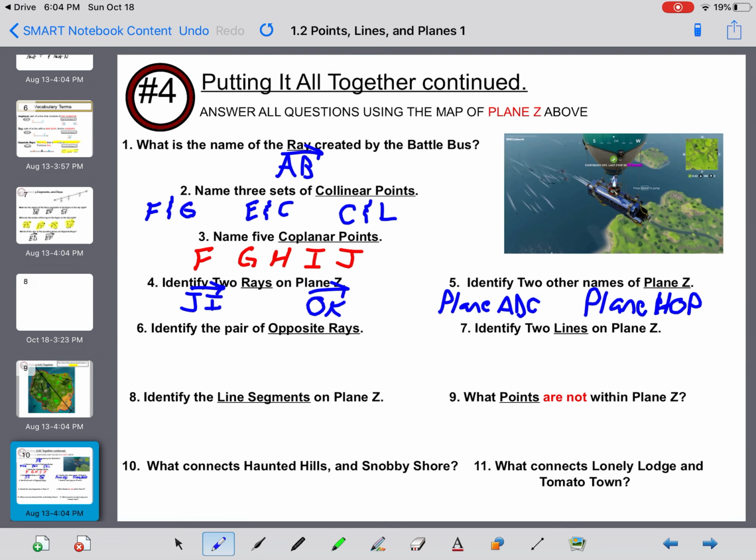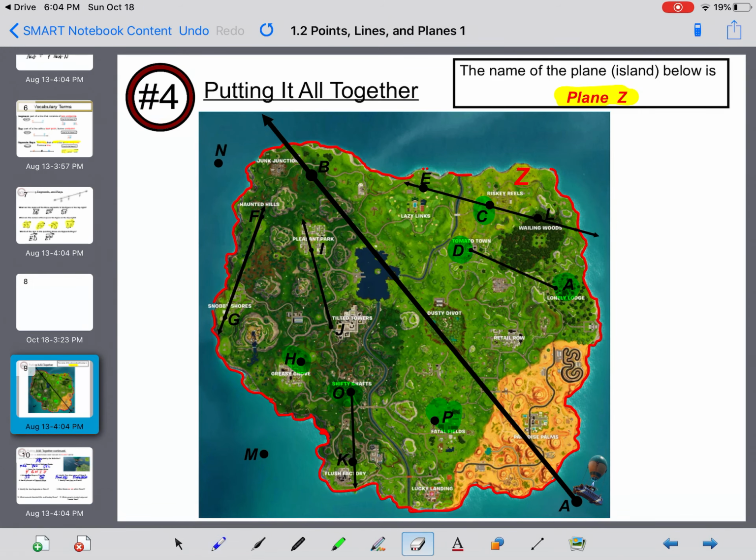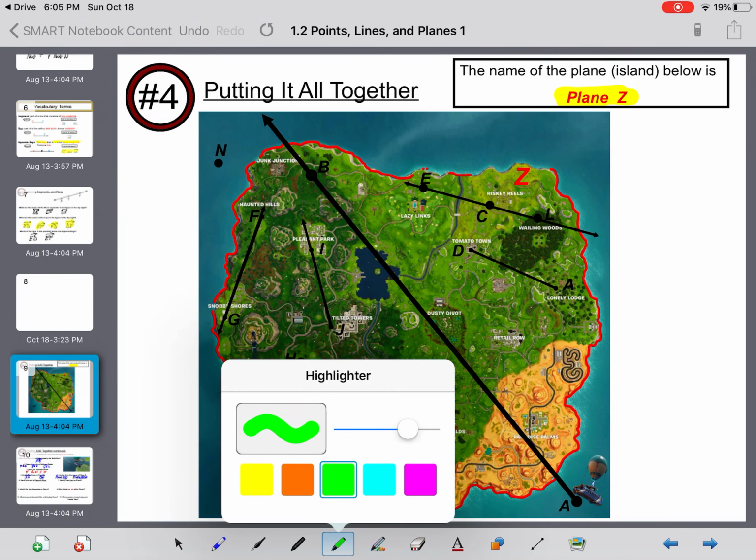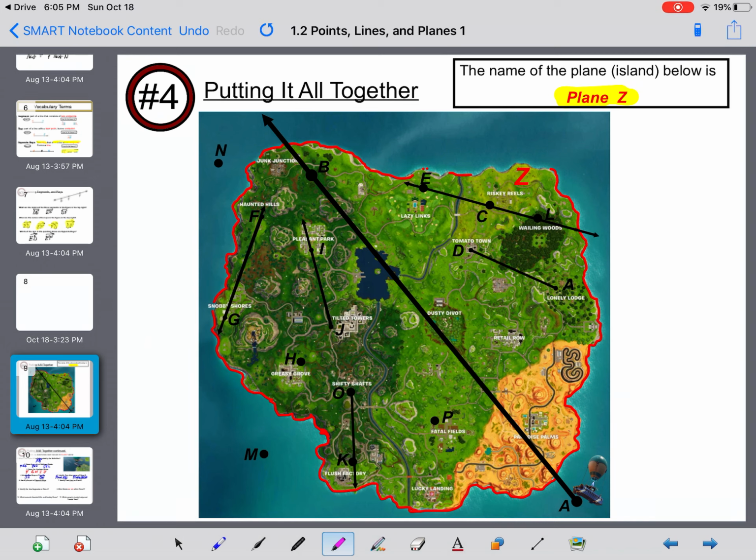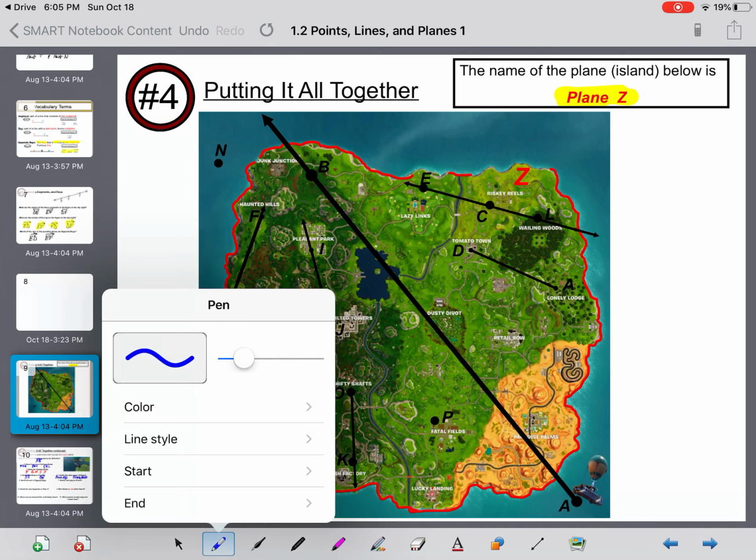Identify the pair of opposite rays. So when you're looking for opposite rays, you're looking for a line that has 3 points. And I think we've already discussed it. We have E, C, L. ECL.